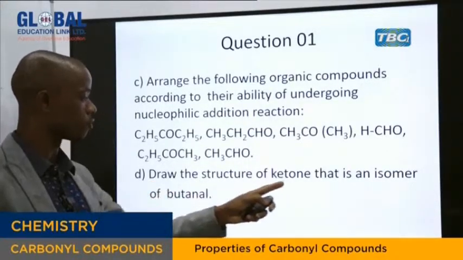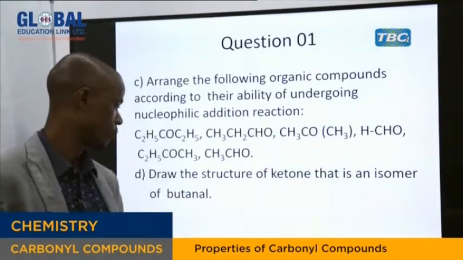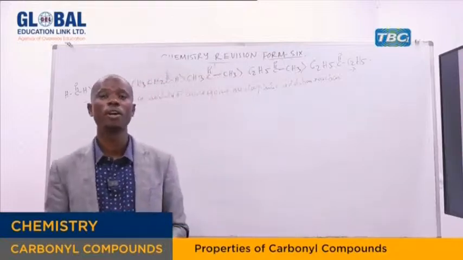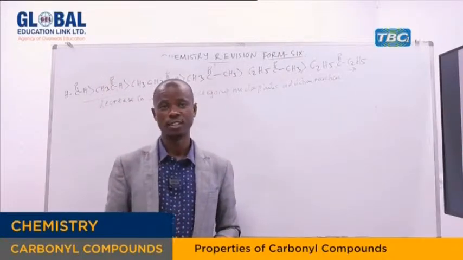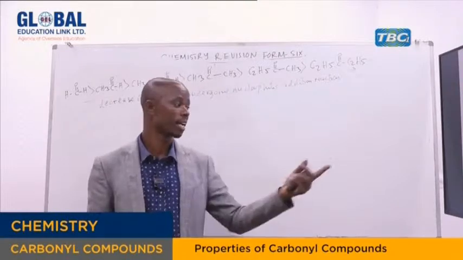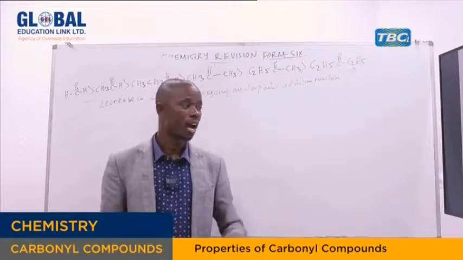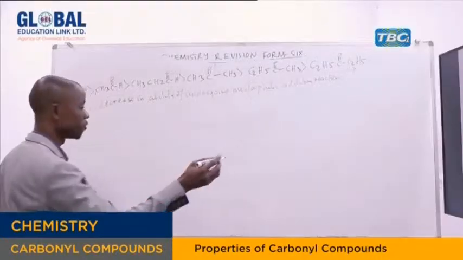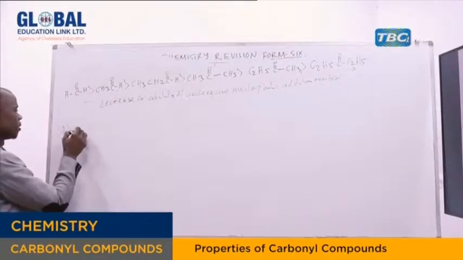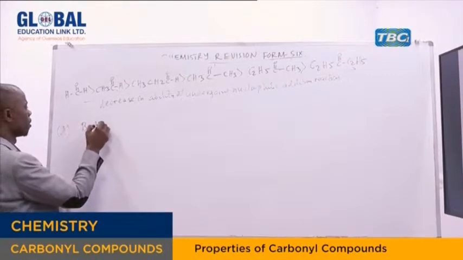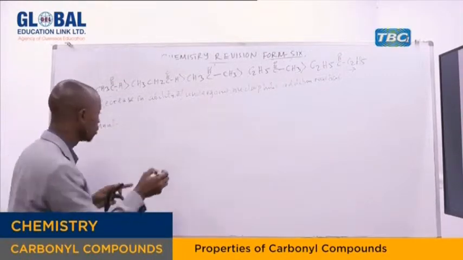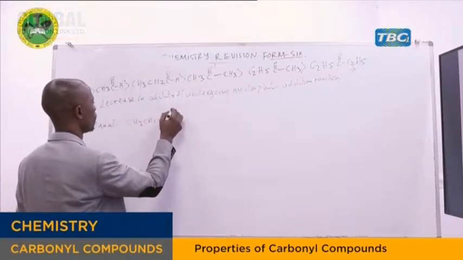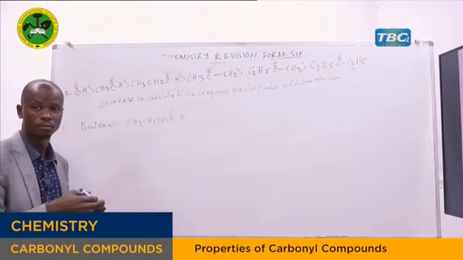Draw the structure of a ketone that is an isomer of butanal. Now, my dear students, you know the two classes of carbonyl compounds are isomers of each other. So if you are told about butanal, butanal is an aldehyde. Now, the isomer of it is a ketone. So for the case of D, butanal is written as this one.